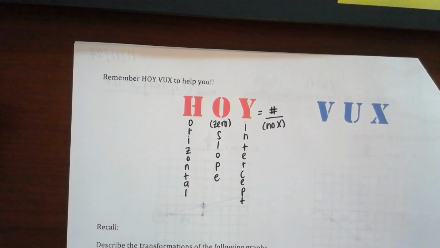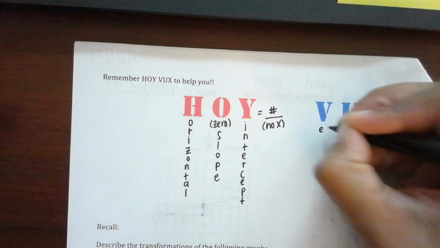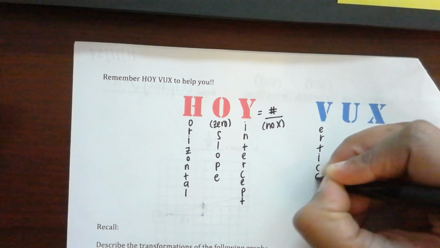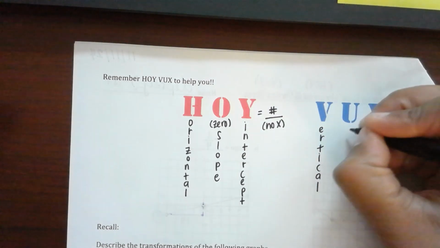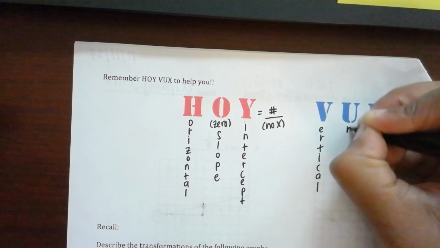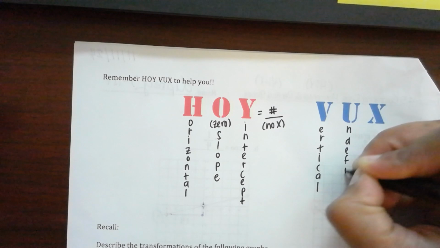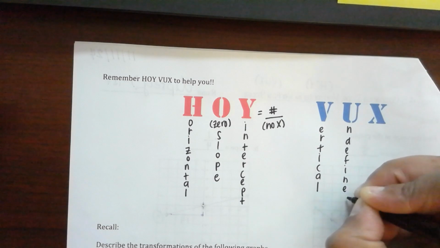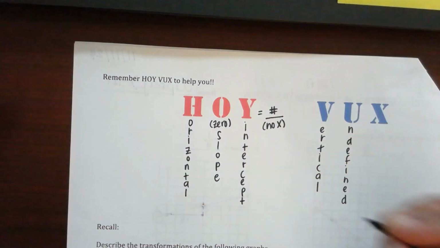What about the V in VU? Vertical. What kind of slope does it have? Undefined slope.